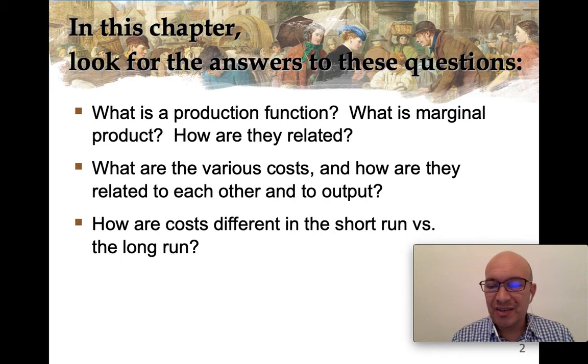What is the right level of production that the firm should produce, and what is the price the firm should be selling? So the costs are related to the level of production, and are a key determinant of its production and pricing decisions.